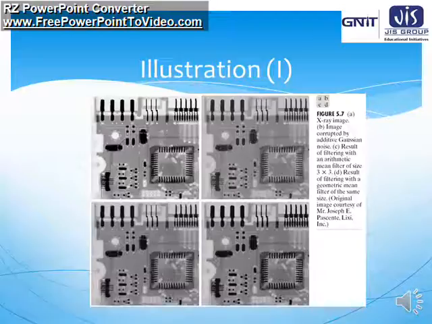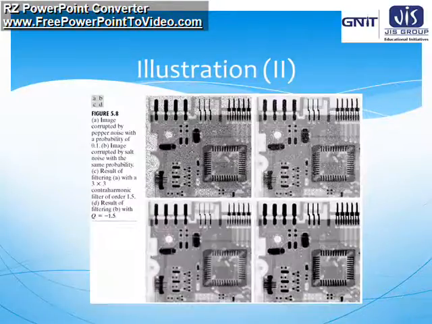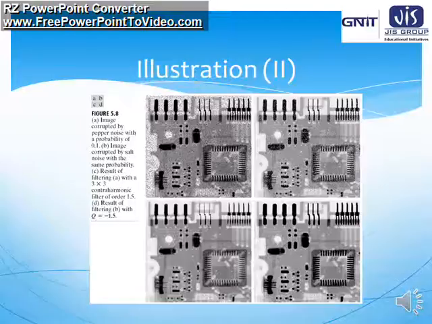Now if we move forward to the next slide, this is another illustration, so it can be considered as an example too. Here also some corrupted images have been taken and some filtering techniques have been applied, and we can see the quality of the third and fourth images is quite better than the first and second one.